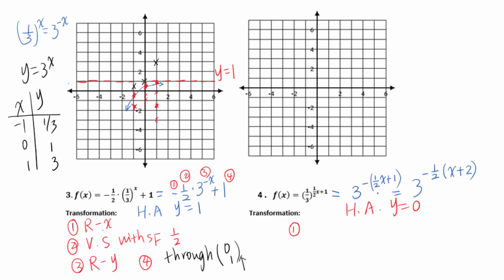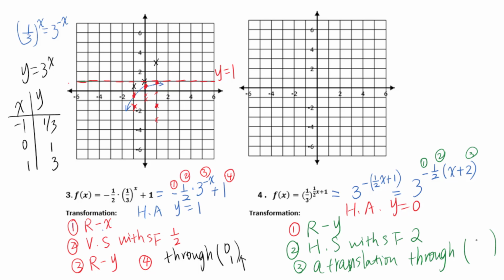Translation steps: this is the first step, second step, third step. Reflect across the y-axis. Second step, horizontal stretch with a scale factor of 2, which means the distance from the y-axis will be doubled. Then third step, a translation through (-2, 0), left 2 units.